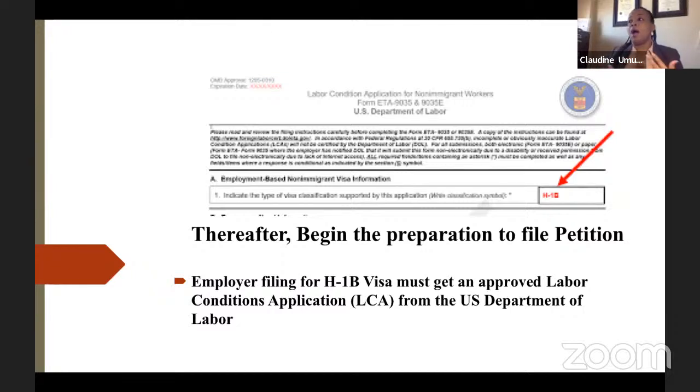Let's say I'm hiring somebody to be a computer engineer, or systems engineer. We have to go through the Department of Labor website to get the wage survey to see, first of all, is it a level 1 or level 2 or level 3 or level 4? Somebody who just came out of school is a level 1.